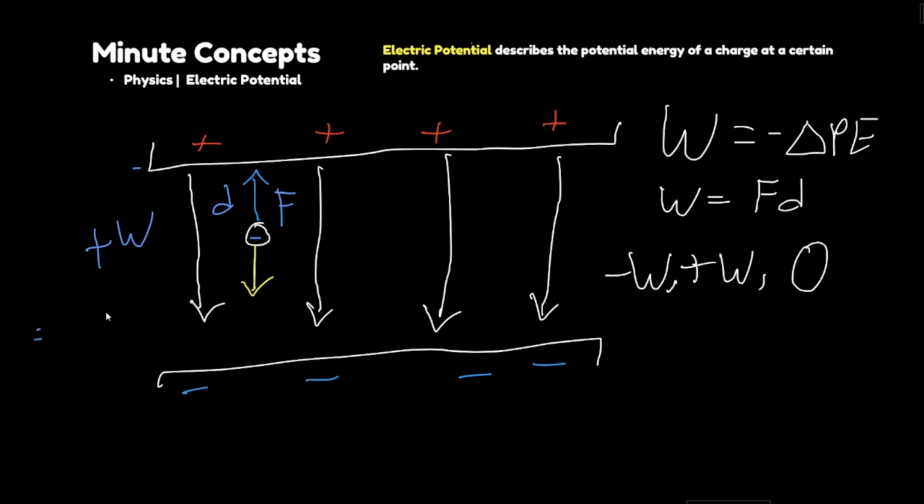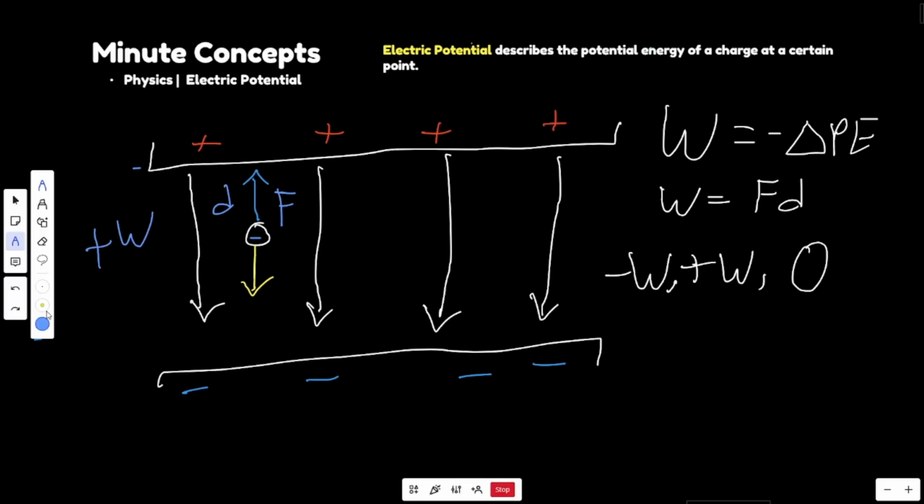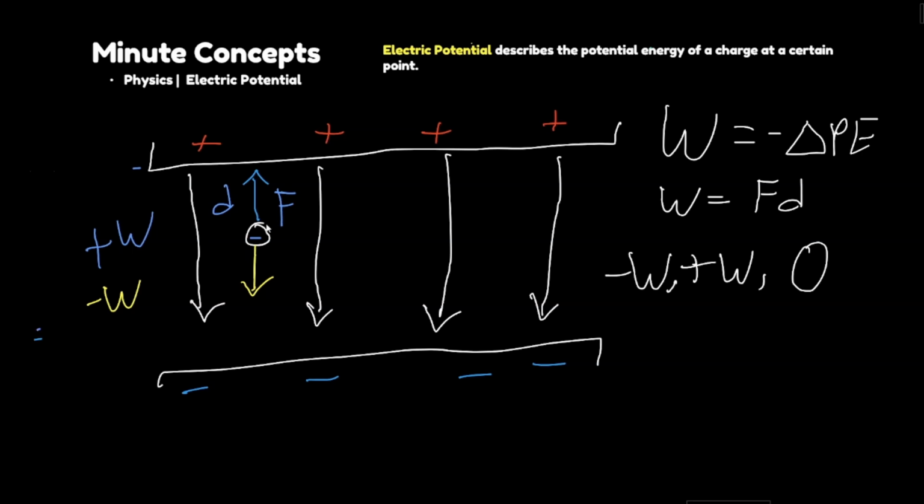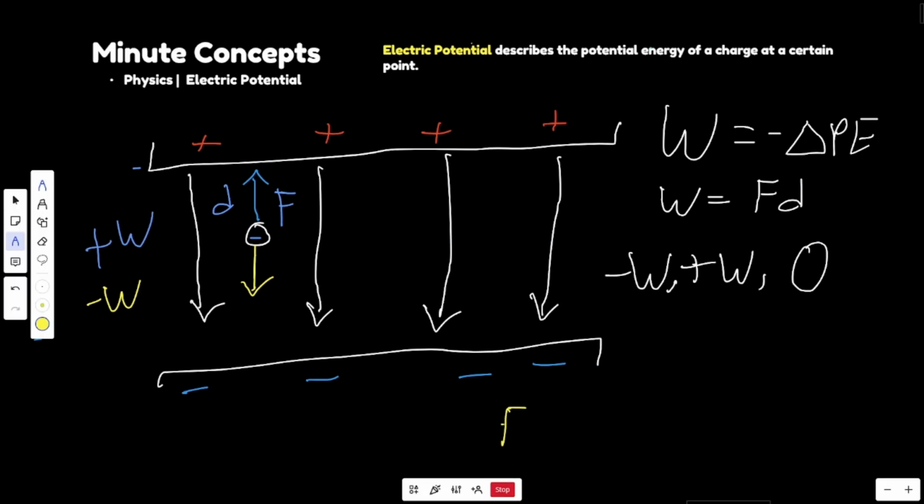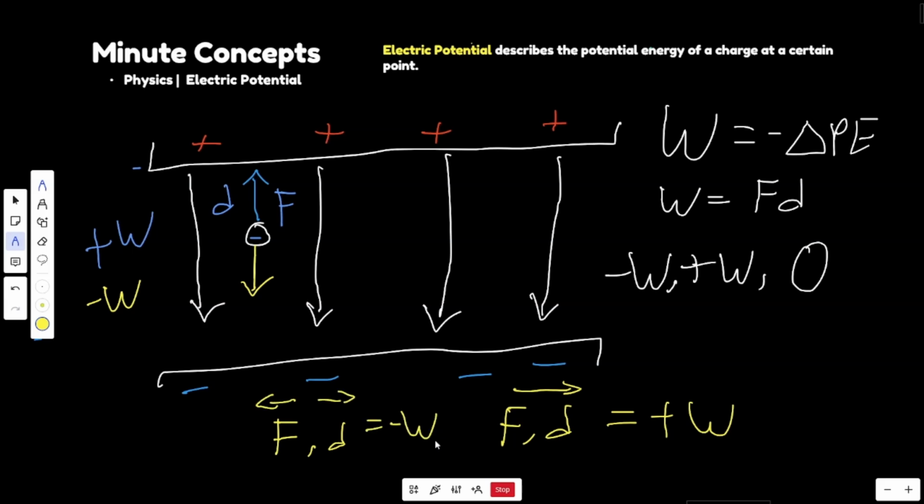However, the electric field has negative work. Why? Because it's displacing opposite to where the field is pushing it. And like we determined about work before, if the force and displacement are going in the same direction, then that's positive work. If the force and displacement are going in opposite directions, that's negative work.